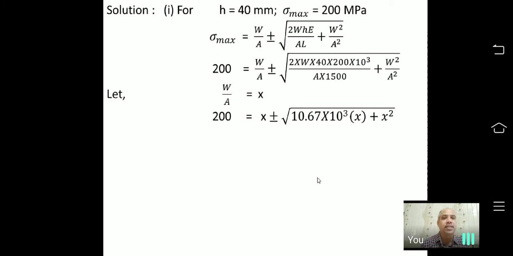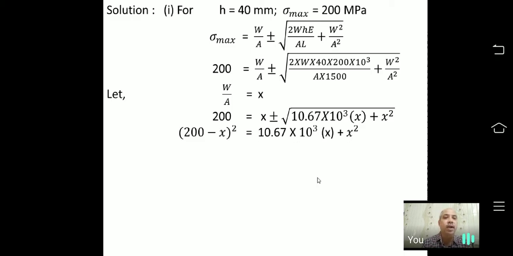And by substituting this value of W by A as x, we are going to get equation in this fashion: 200, that is stress given due to impact when your weight falls from height 40 millimeters. And now if you replace W by A equal to x, then your equation is in this fashion: 200 equal to x plus minus root of 10.67 into 10 raised to 3 x plus x square. Now this x which is on right side we will take on left side, which will give me 200 minus x.